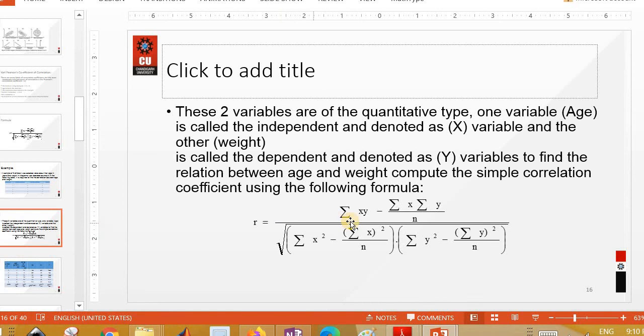So this is also one of the forms of your r. Basically, if we take the LCM of this, then the remaining comes out in a similar form of r, that is summation xy minus summation x into summation y upon n. This is the similar formula which we took in the last question. Then summation x square, and summation x whole square.